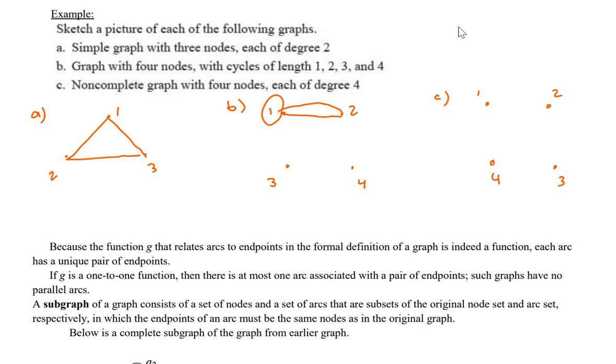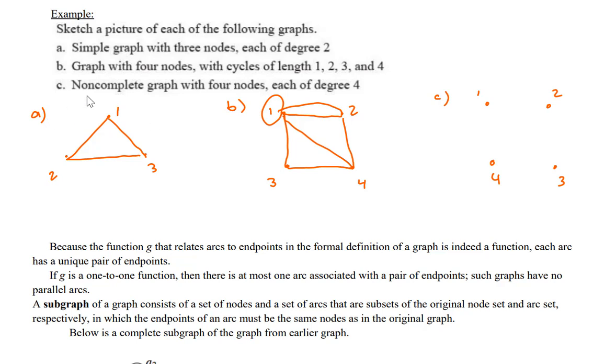And a cycle with length 3: if I start at 1, I could go to 3, 4, and back to 1. So here we have cycle 3. And for cycle 4, I could go 1, 4, 3, and then back to 1. So here is cycle 4. Right here, I start at 1 and come back to 1. So I have a cycle of 1, a cycle of 2, a cycle of 3, and a cycle of 4.